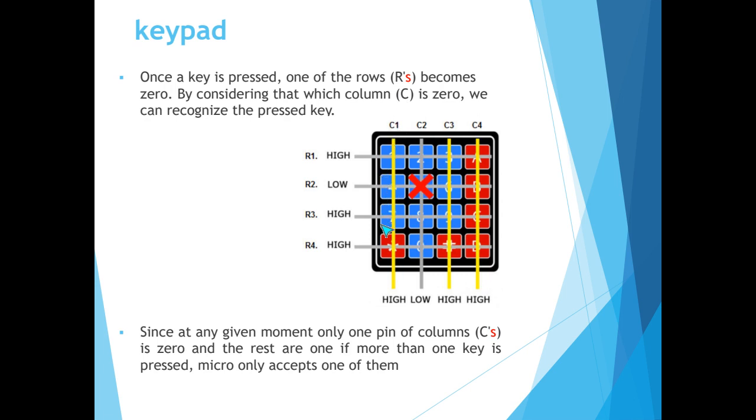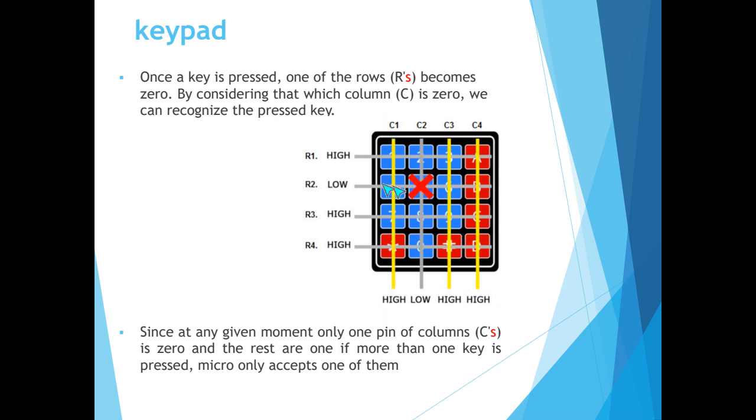But by pressing a key, we can understand which row is connected to our first column. If this key is connected, then row 1 is actually connected to C1.